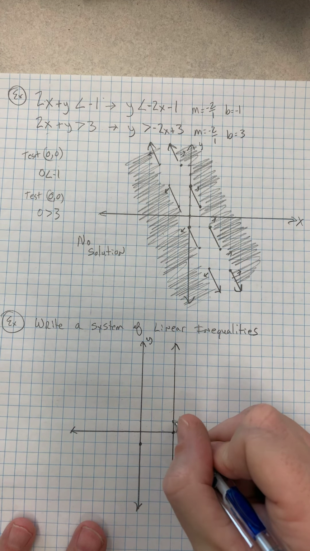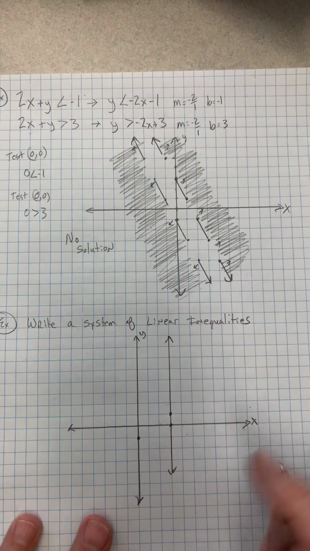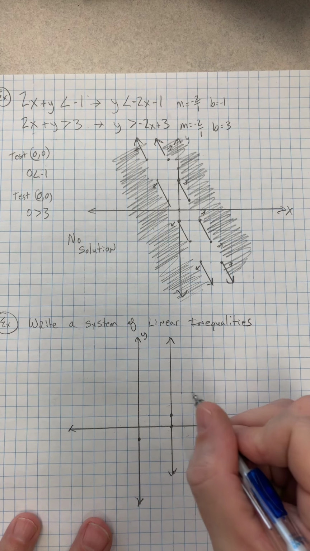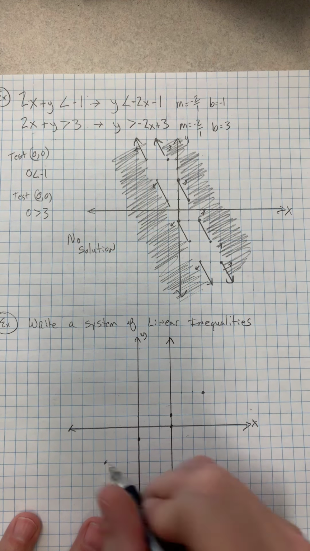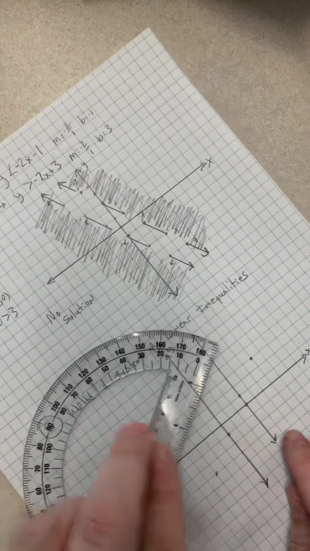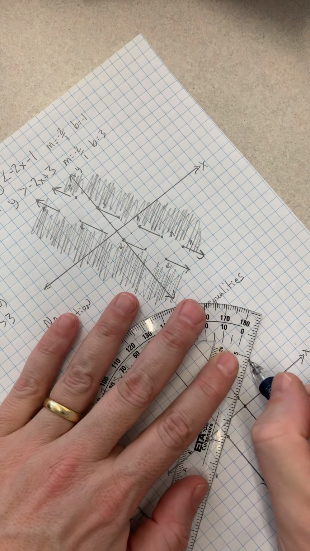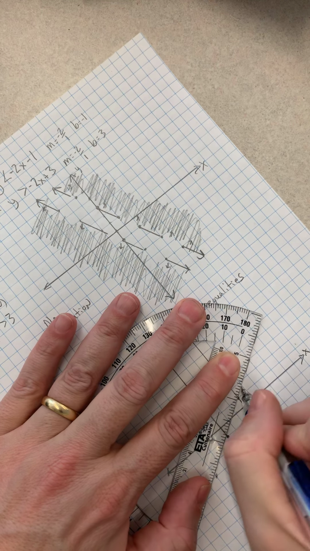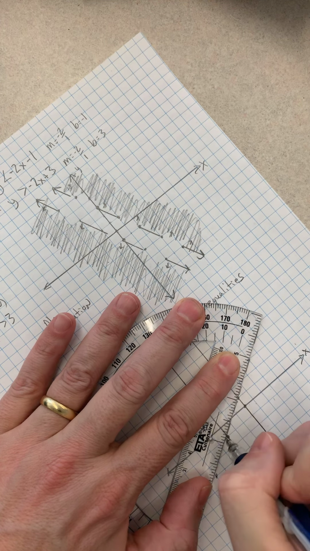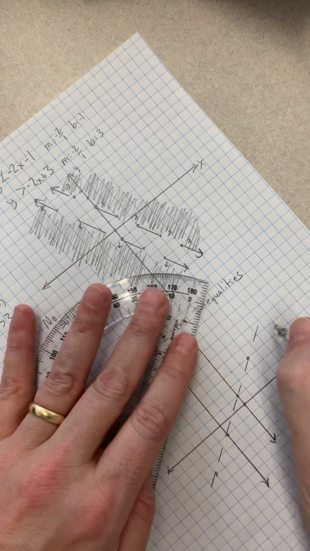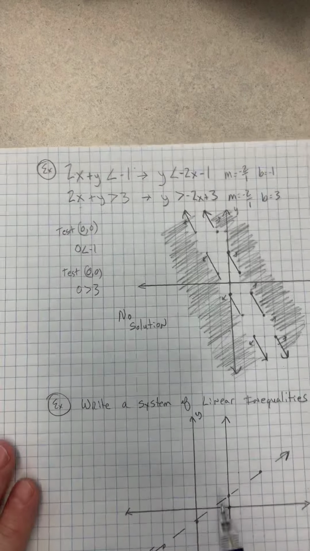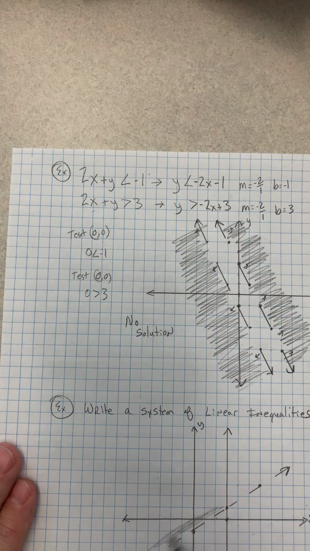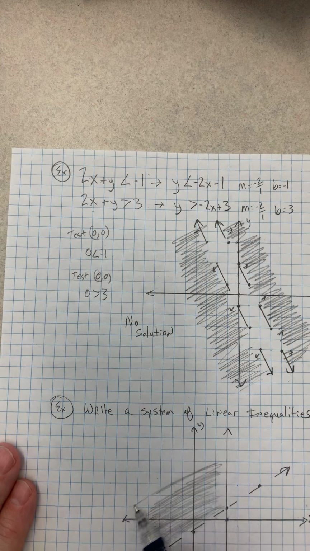I'll put a point right there. And I'm going to pencil that line in. But I will make that as a dashed line. And then I will tell you that the shaded regions, what they have in common, is right here.